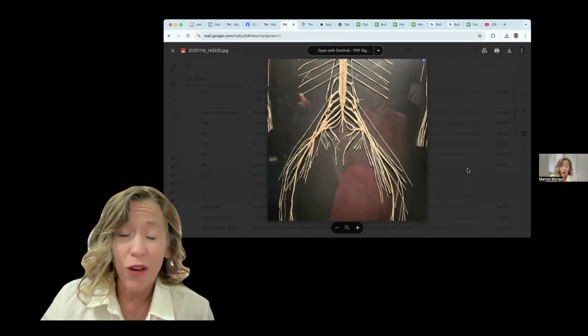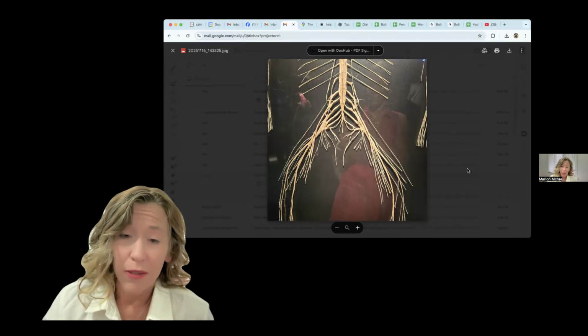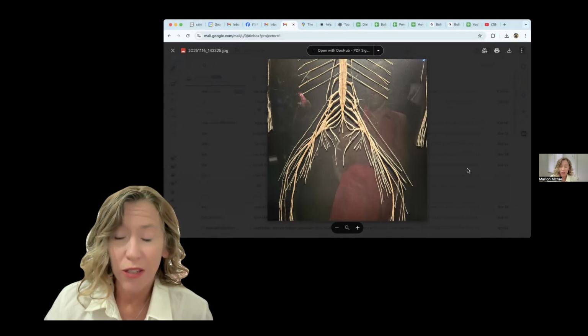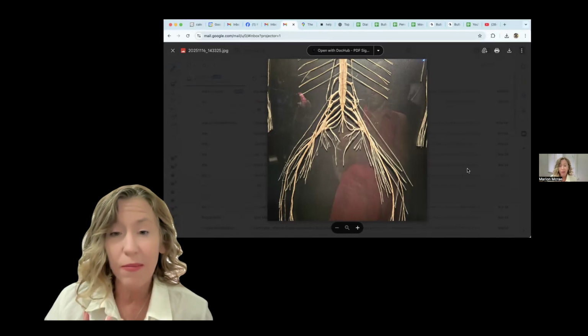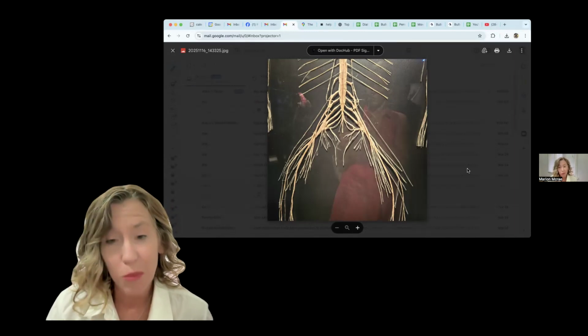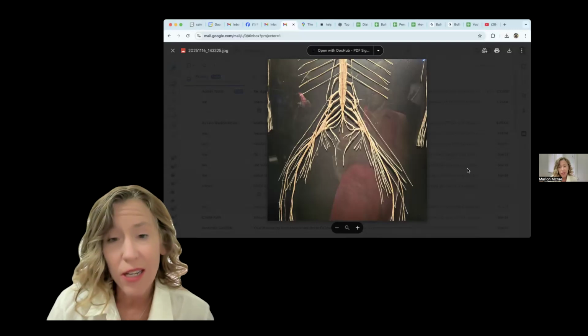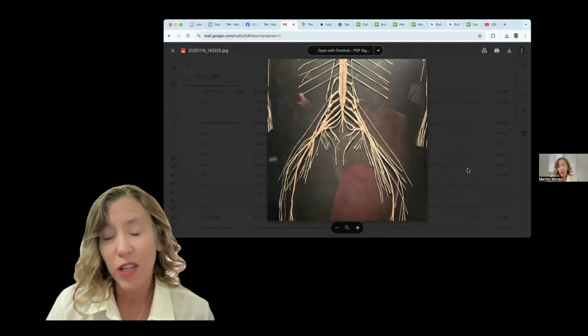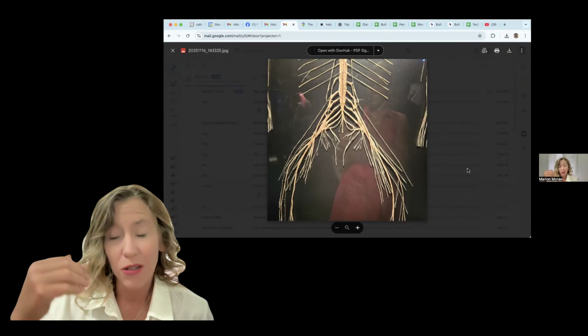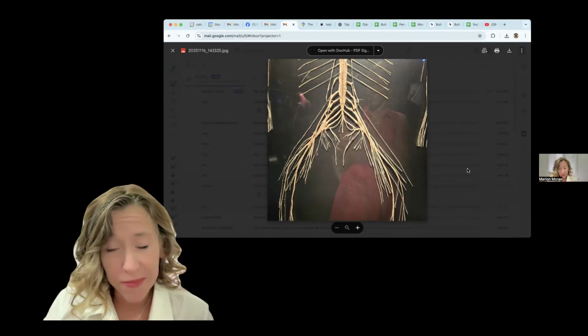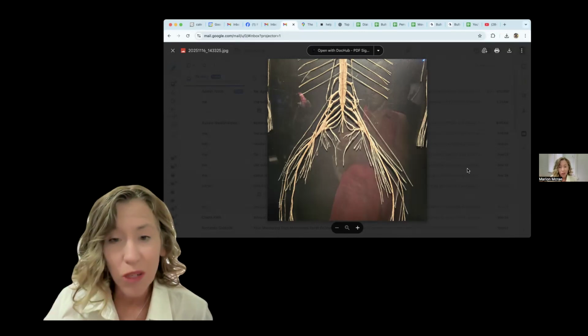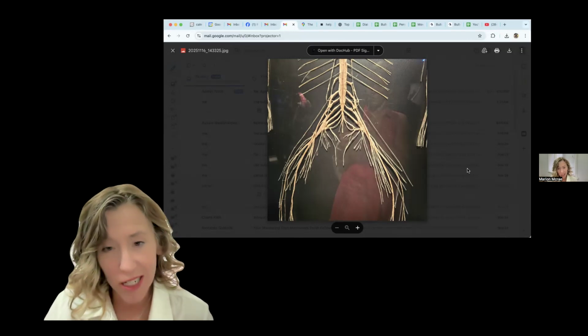The other issue, though, is that it carries motor fibers, and motor fibers are required to keep signaling to our muscles. So when it's compressed and when the nerve is under pressure, we can lose motor strength in muscles down river. So we get muscle weakness and we can get sensory changes.